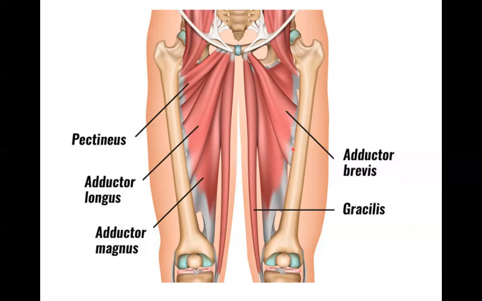It's superior to adductor longus. Look where brevis ends and where longus ends. So longus is longer, brevis shorter and deeper to the pectineus and to adductor longus. And adductor brevis is also responsible for adducting and flexing the thigh.